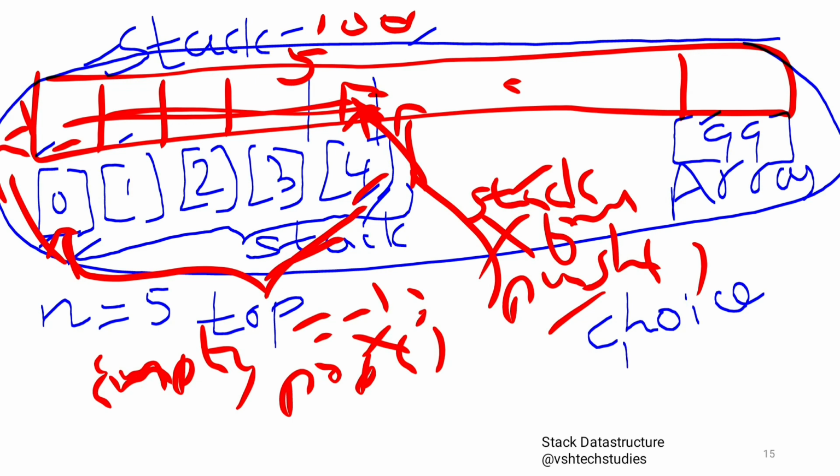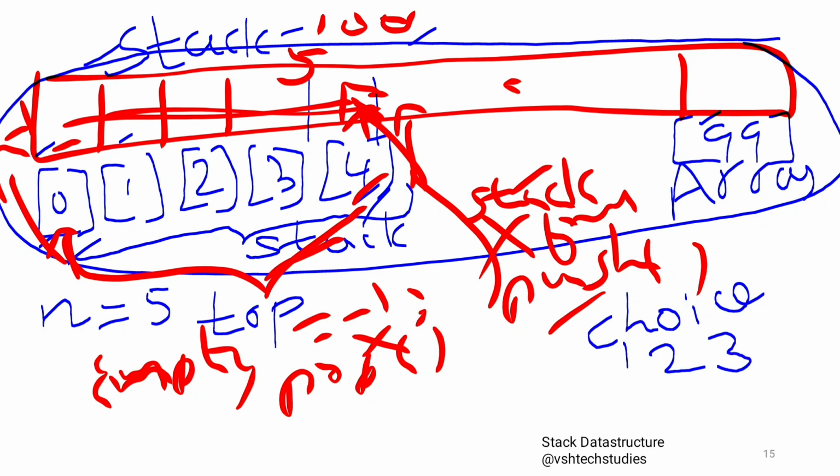If it is 1, the push operation is done by calling the push function. If it is 2, the pop operation is done by calling the pop function, that is to delete an element from the stack. When choice is 1, through push, we add an element to the stack. When choice is 2, through pop, we delete an element from the stack.